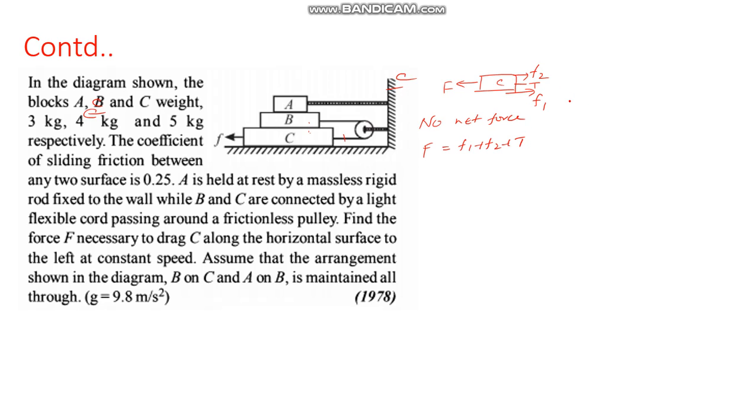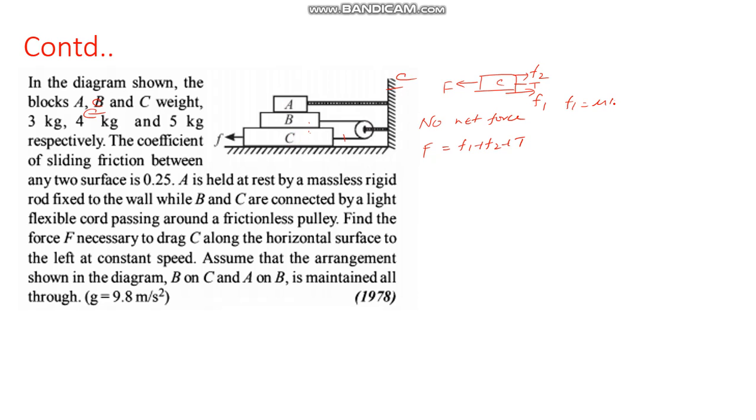Now what is F1? F1 is equal to mu times the normal reaction. When you are considering between C and the ground, you have to take all three masses together. This I have told in the previous video. So it is mu times N, but we have to take all three masses because all three are on top of this, right? So 3 plus 4, 7 plus 5, 12.